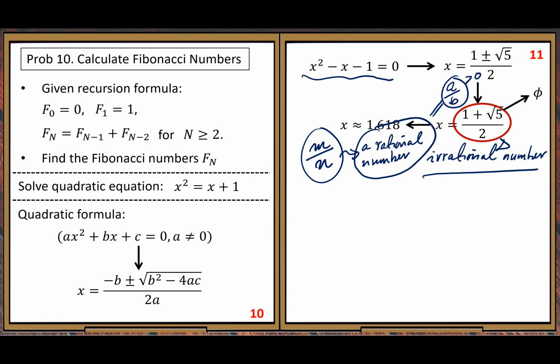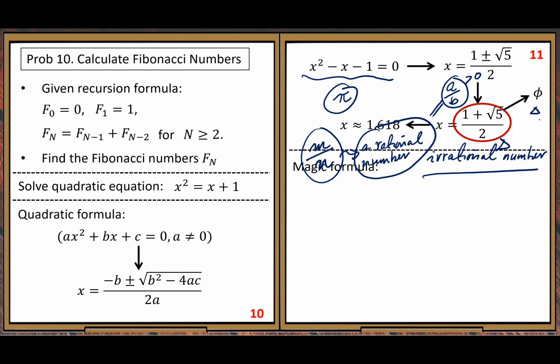So people later used the Greek alphabet symbol phi to represent this special number. We have similar experience using pi, right? You are familiar with the meaning of pi. Here we have a similar situation, using phi to represent the golden ratio.